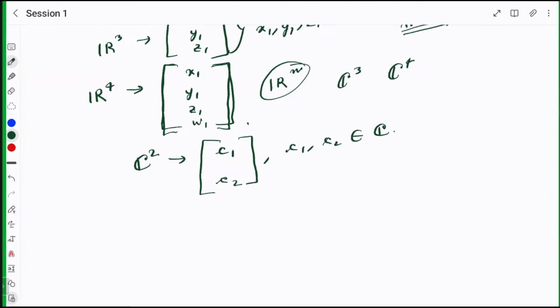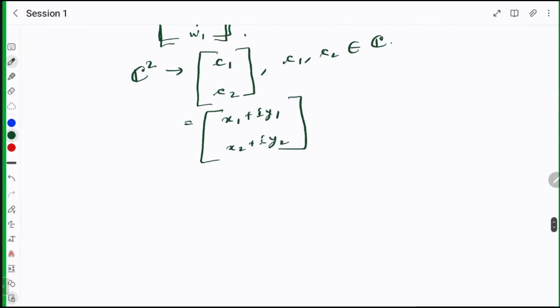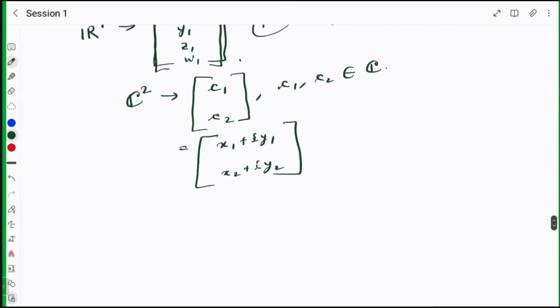Because here you see that I can write C1 as some x1 plus iy1 and C2 as x2 plus iy2. So basically there are four real numbers which are describing this, and anything which is beyond three real numbers we cannot represent any longer in our space.